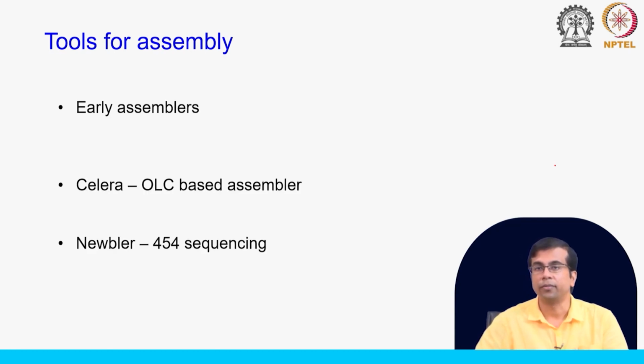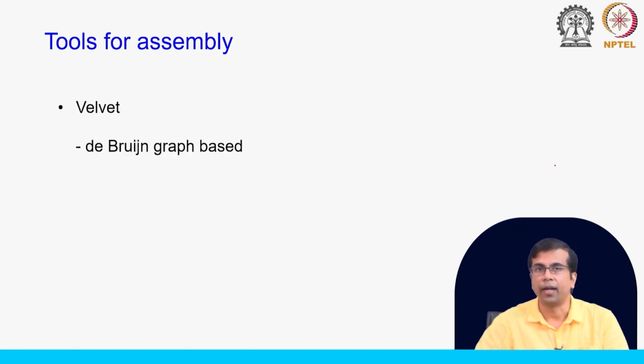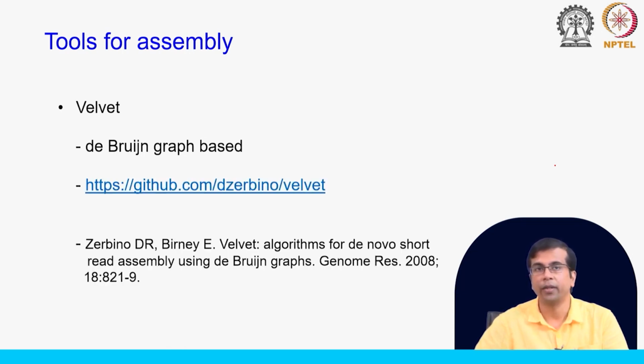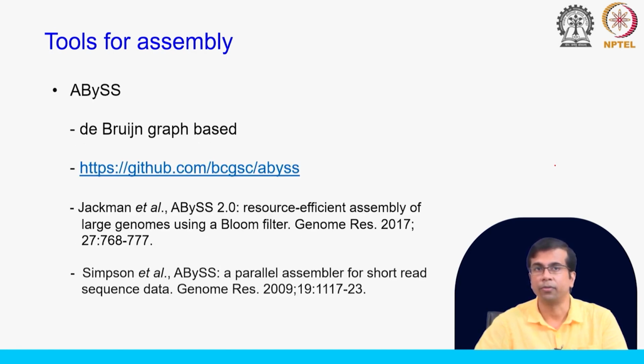The early tools for assembly were Celera, the assembler used for human genome assembly, based on the Wells approach, and then we also had Newbler, which was the 454 sequencing assembler. For assembly today, you have Velvet available. This is based on the De Bruijn graph method that we discussed. Here is the link, and here is the reference paper that you can go through.